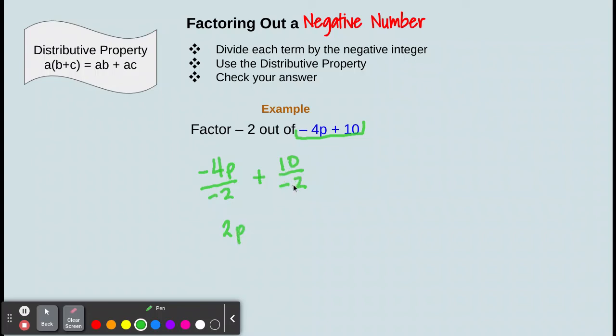And then 10 divided by a -2, a positive divided by a negative is a negative, so this ends up being 5. All right, this is our parenthesis part of our distributive property.